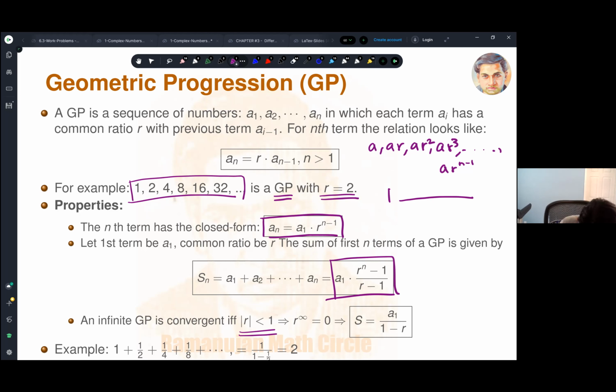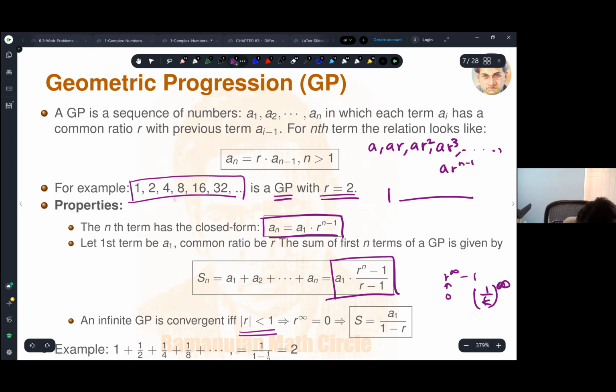So in this case, we are looking at n equal to infinity, and r to the power infinity would be equal to 0. Let's call this 1 over k to the power infinity.